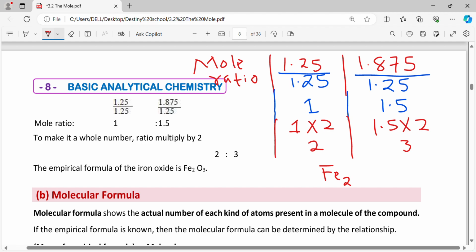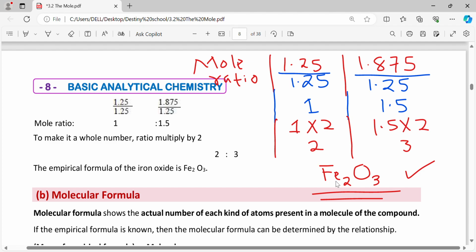After finding that, we just replace, because the first column was for the iron and the second column was for the oxygen. So we say Fe, which is for the iron, there are 2, and the second column, for oxygen, there are 3. And that's your empirical formula.